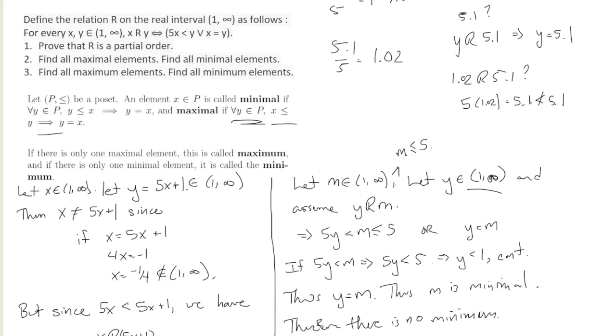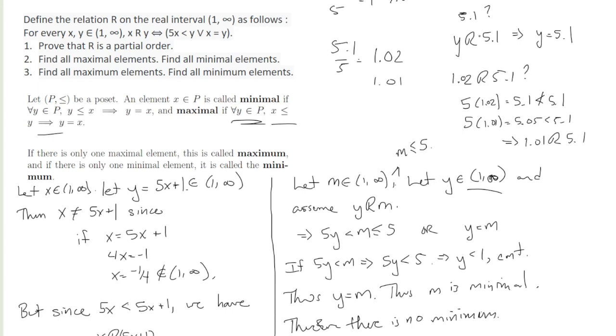So 1.02 doesn't work, but 1.01 will. 5 times 1.01 is 5.05, and that is less than 5.1. So there we go. That 1.01 is related to 5.1, and it's not equal to 5.1. Therefore, 5.1 is not minimal.